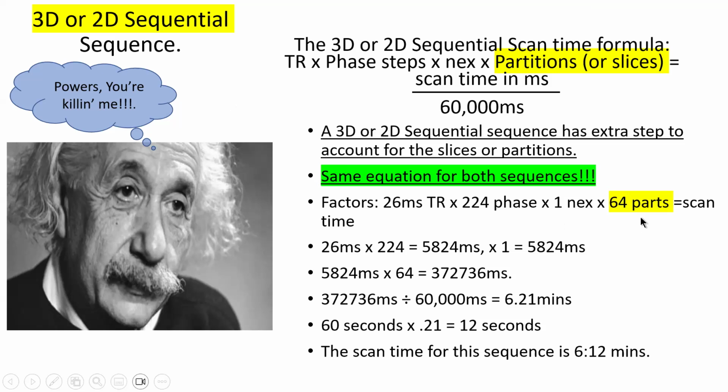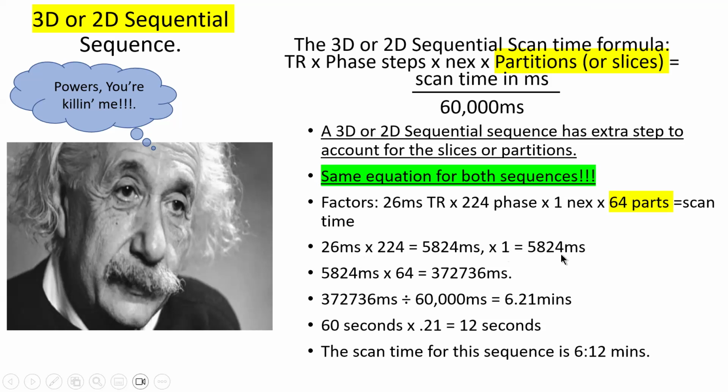If they give you something like partitions or locations or slices, now you start saying, oh, that's 3D. If they say in this 2D sequential sequence, sequential is key, you're going to do the same thing. They're going to tell you how many slices. So TR times phase times NEX times your number of slices or your number of partitions.